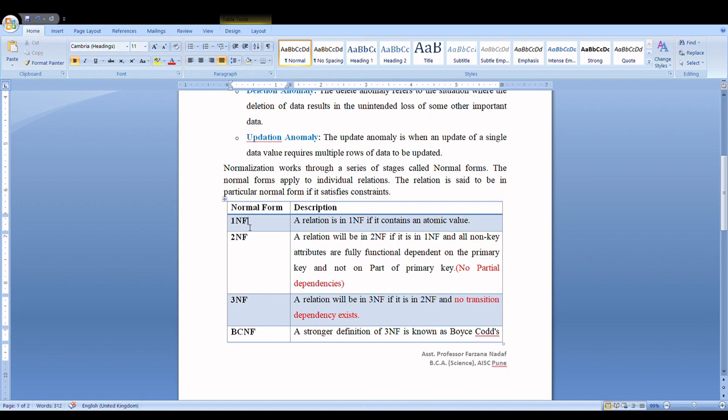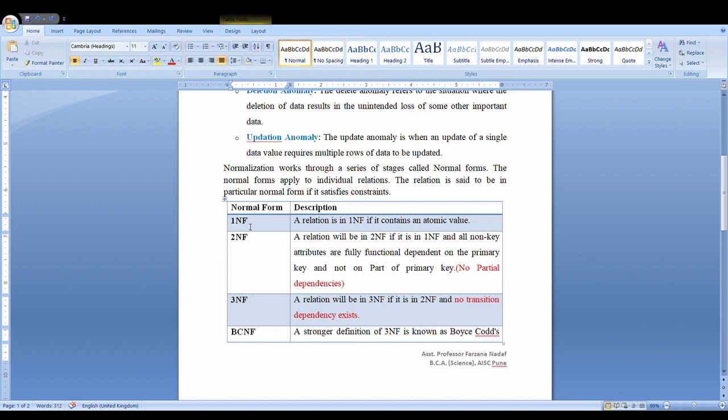If I write here 1NF comma 2NF, this is not allowed. Each field will have a single, atomic value. So in first normal form, we check that all the attributes and all the fields have one atomic value. Clear? The first NF is very easy to identify.